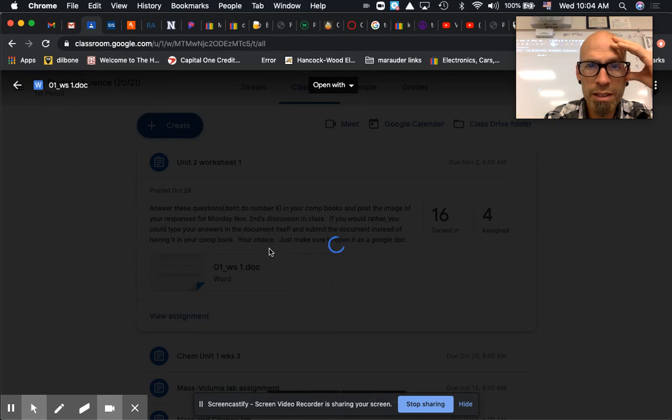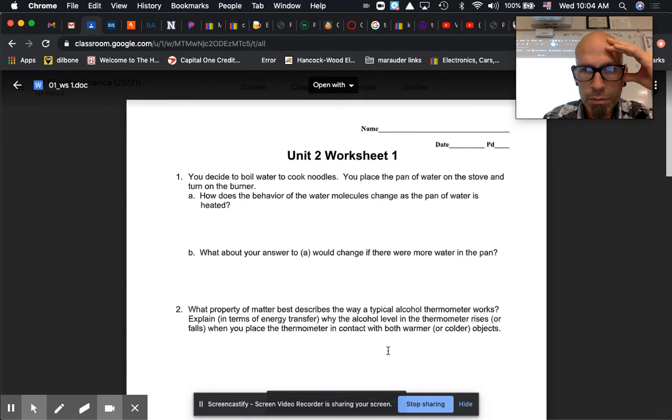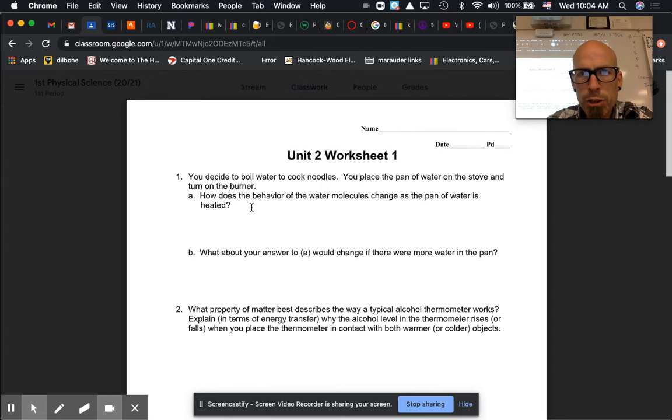All right, so this assignment right here, this question, it says you decide to boil water to cook noodles. So we said the behavior of the water molecules changes in terms of the pan is on the burner is on. Obviously, the pan's getting hot, the water's getting hot, which means the particles are moving faster.